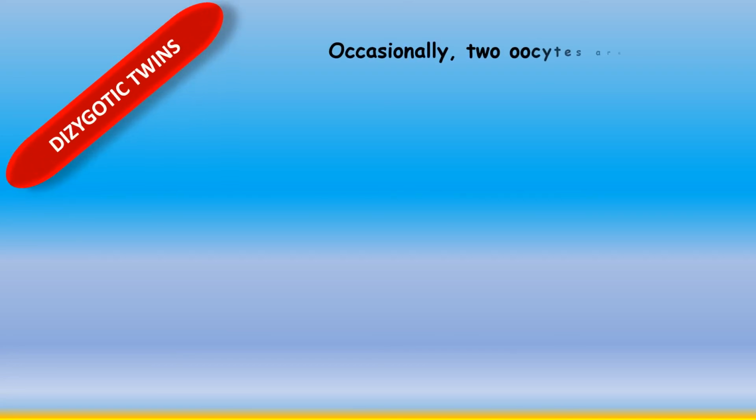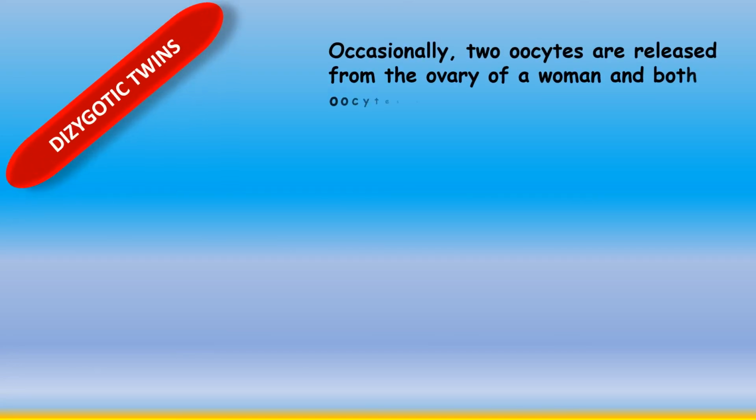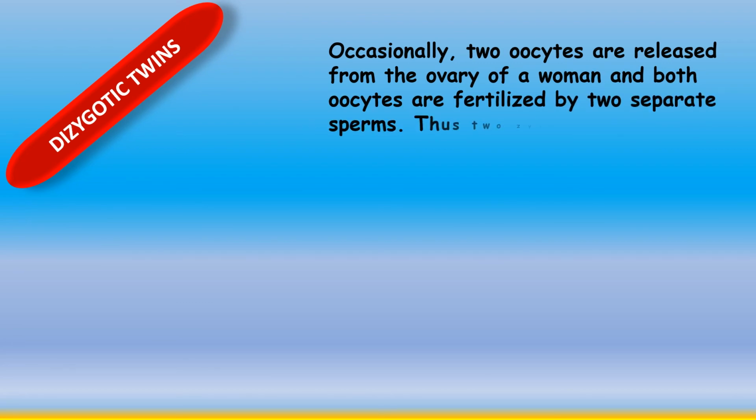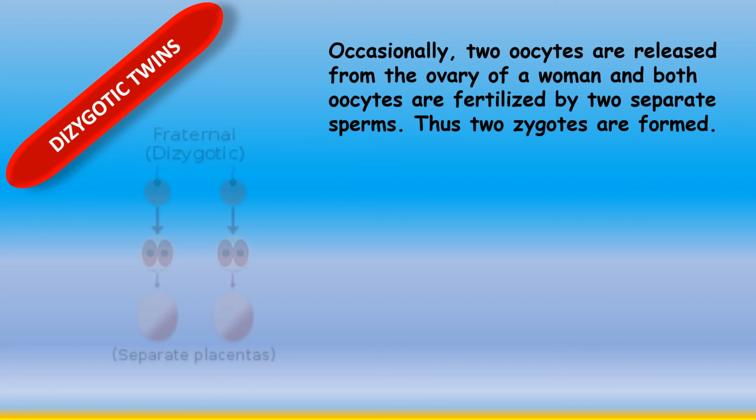Which brings us to dizygotic twins. Sometimes two oocytes or female gametes are released from the ovary of a woman, and both of them are fertilized by two separate sperms. Thus, two separate zygotes are formed. As you can see here, two oocytes, two separate sperms, two separate zygotes.